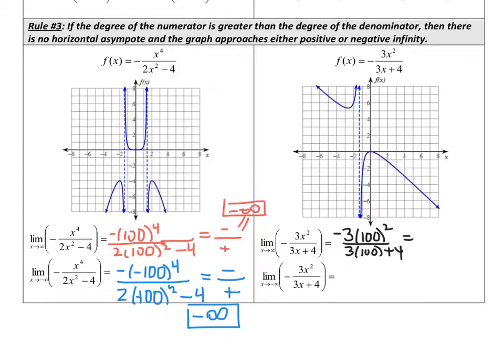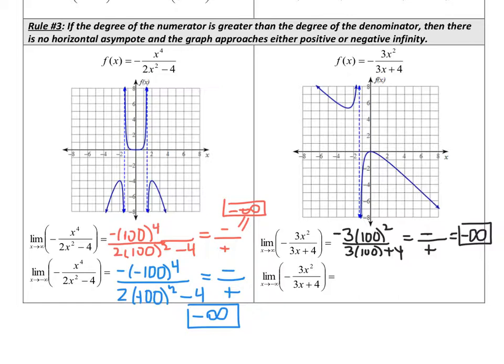Now if you do the numerator, you will get a negative number. And if you take care of the denominator, you're going to get a positive number. And when you divide those two, a negative divided by a positive is a negative. So it will approach negative infinity. And let's prove it with the graph. As x approaches positive infinity, the graph is headed to negative infinity.